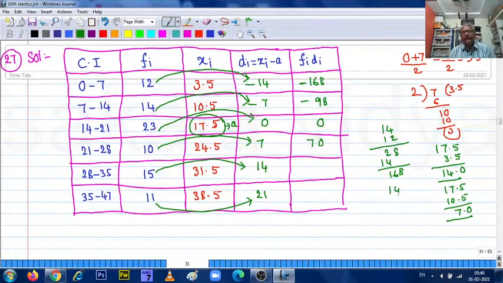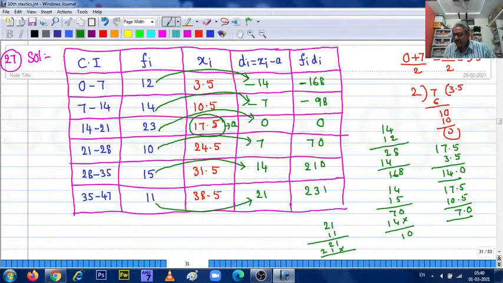Next 14 into 15, 14 5 is 70 and 14 is 14, 1 0 1, 210, this will be 210. Next 21 into 11, this is 21 and 21, 231, this will be 231. So you check your multiplications also, that's very important.